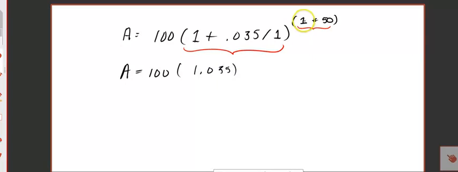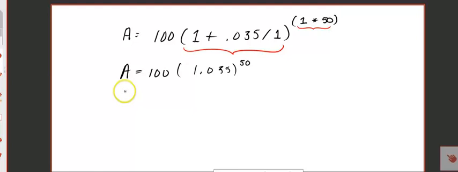Then I find the value of the 1 times 50 in the exponent position, and that's just 50. So again, I have to follow the order of operations, working inside these parentheses first. Find that value. Work inside these next parentheses in the exponent position, find that value.